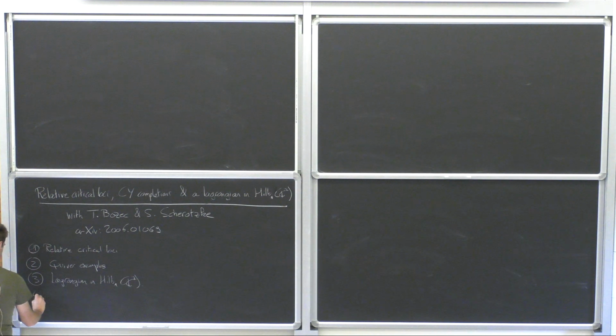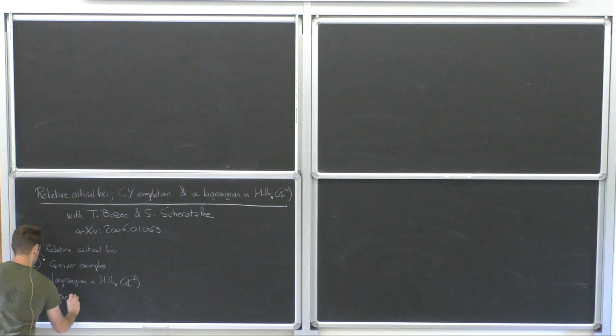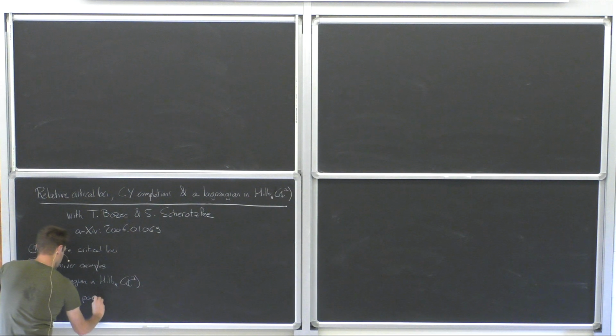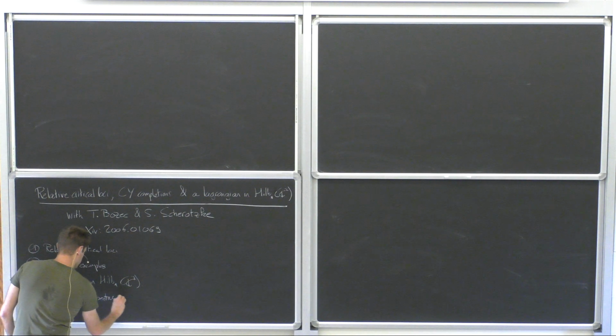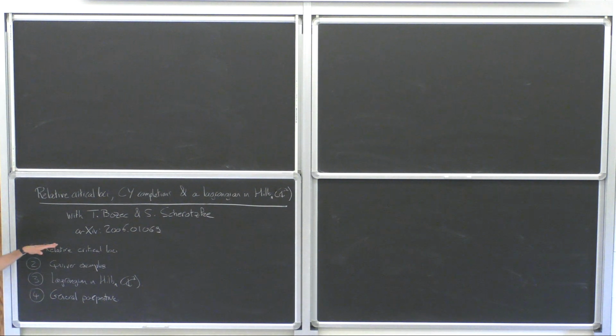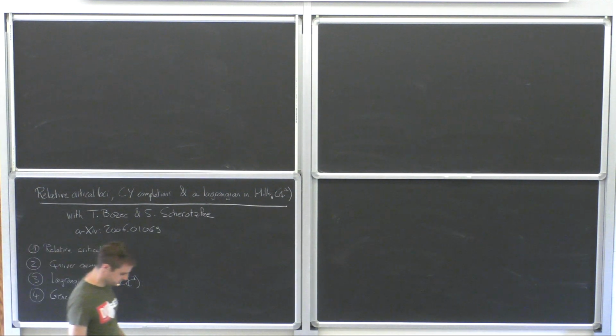And finally, at the very end, I'll give you a more general perspective on all this. We'll see that there's a non-commutative version of what I will have been talking about in the first three points, and that's where I will talk about Calabi-Yau completions, but that will be the very end.